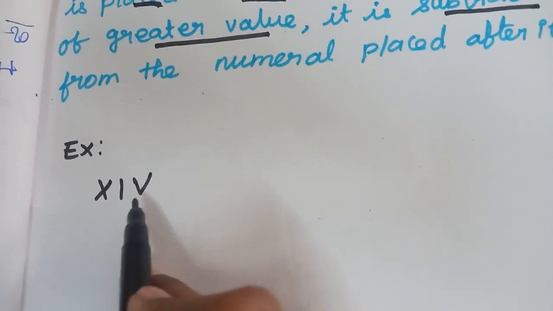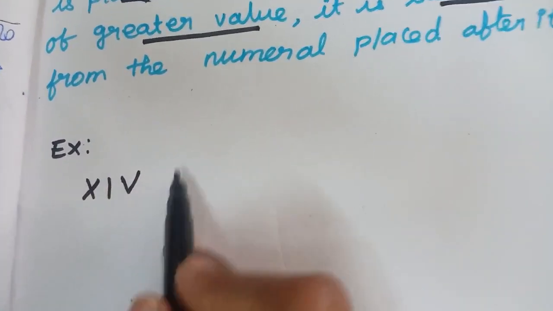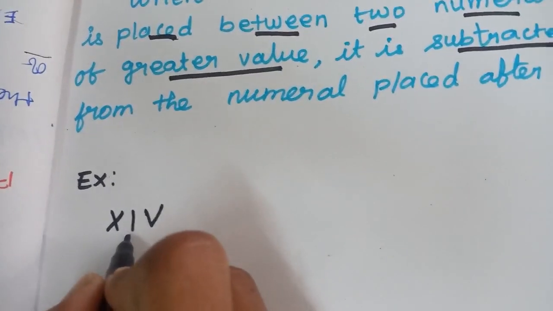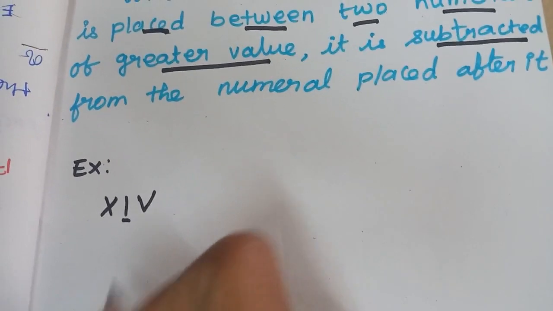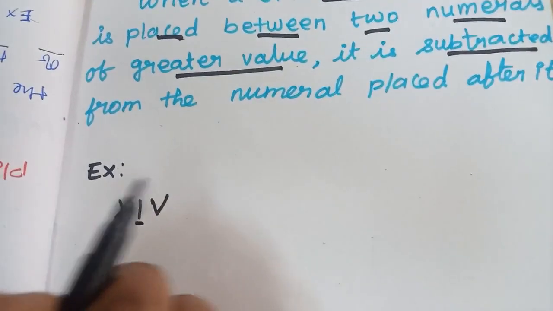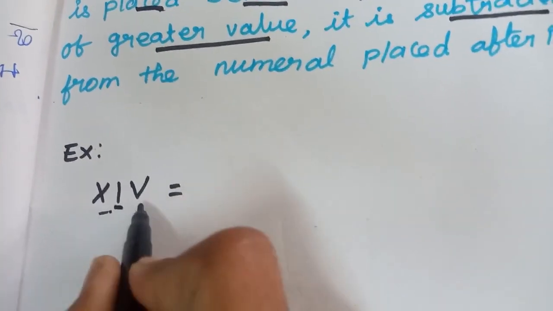X, I, V. Compare these three symbols. Which is the small numeral? The one in the middle is the small numeral. So first you have to subtract that, and afterwards do the next step. First write the numbers.